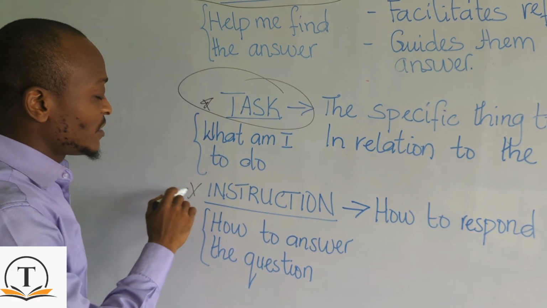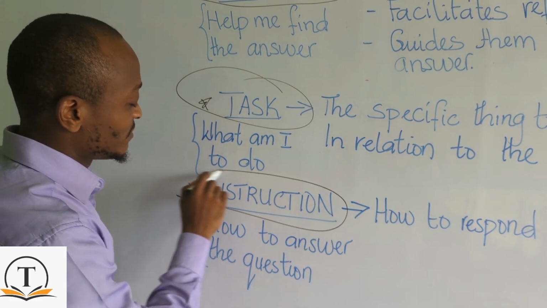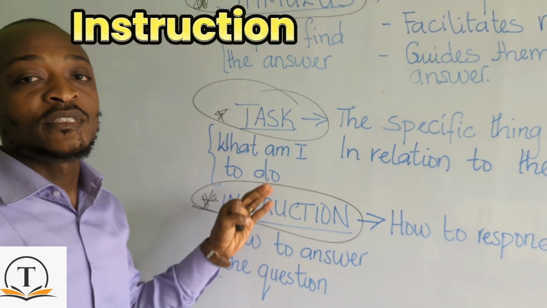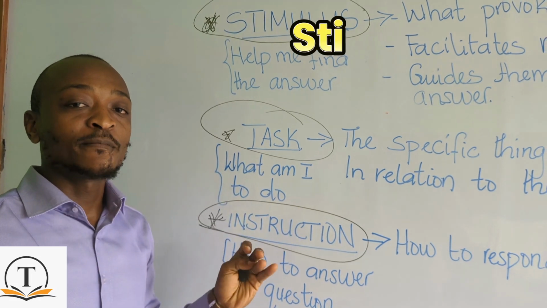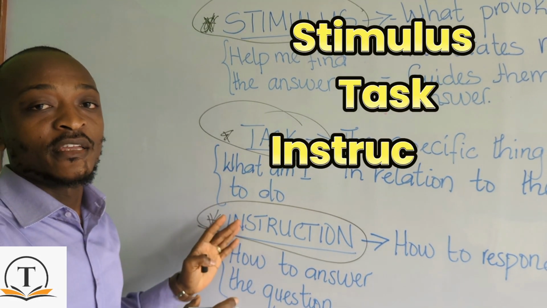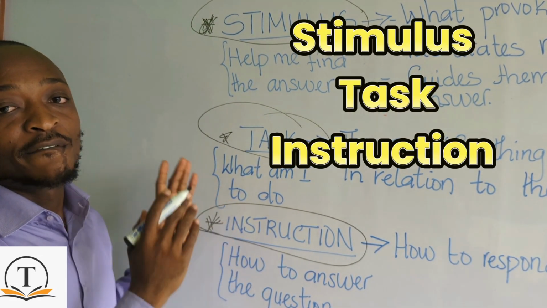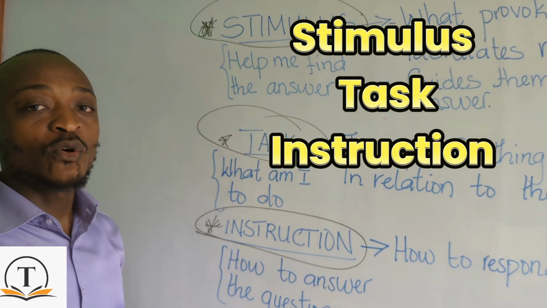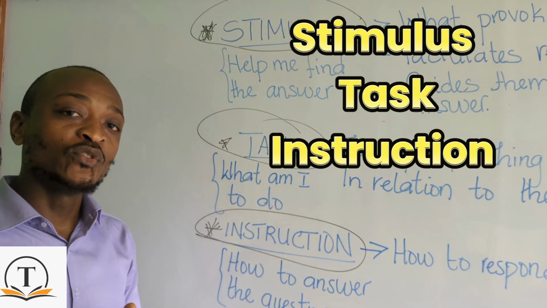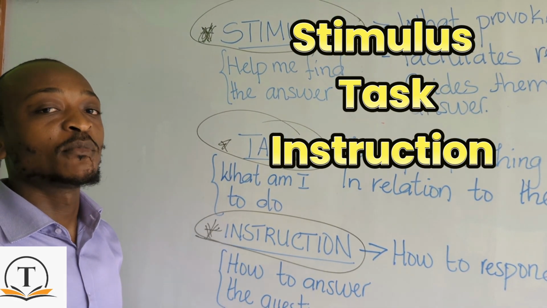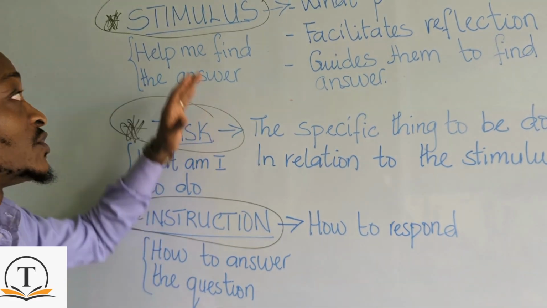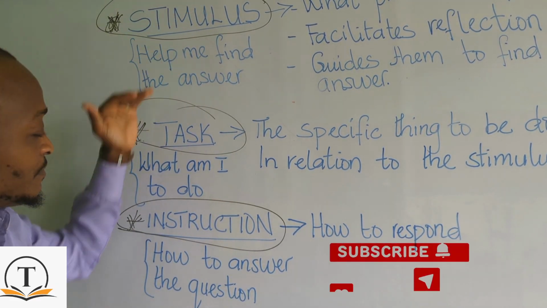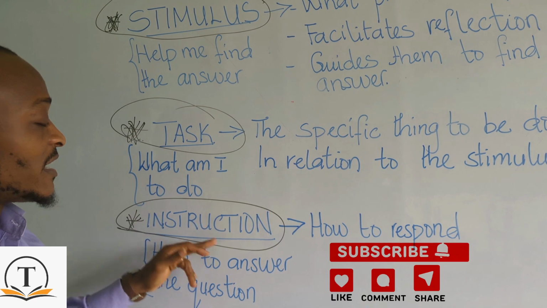And the last one here we have instruction. These are the three fundamental elements that must be applied in the course of question setting format, without which not only will the learners be lost, but you will also have it hard marking some of their scripts. You have to consider these three elements: the stimulus, the task, and instruction.